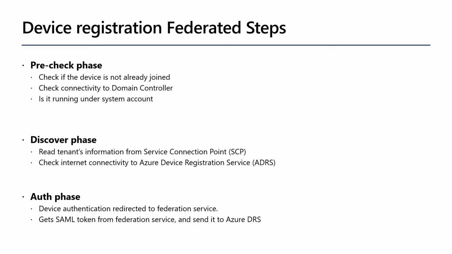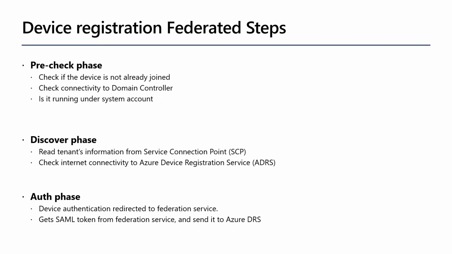If so, device registration goes to the second phase, which is discover, where it reads the service connection point information from the client registry. And if it doesn't exist, it reads it from the local Active Directory configuration partition. And also, it verifies the internet connectivity to Azure Active Directory device registration service endpoints.